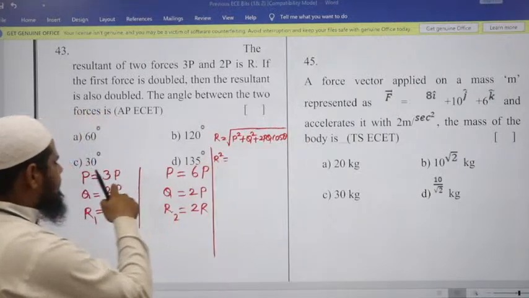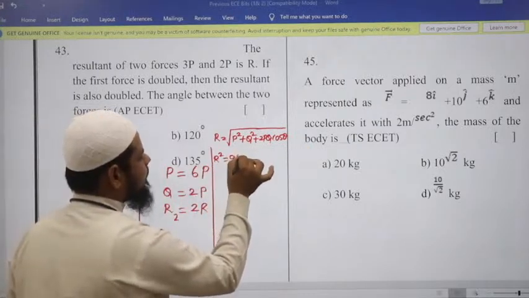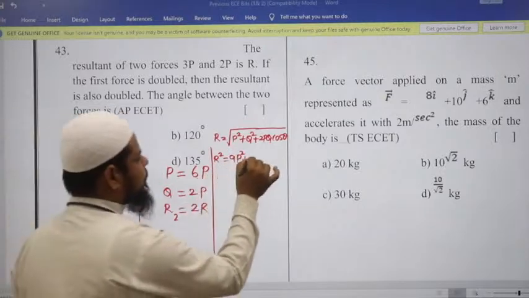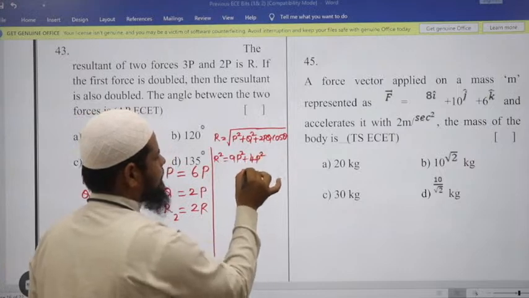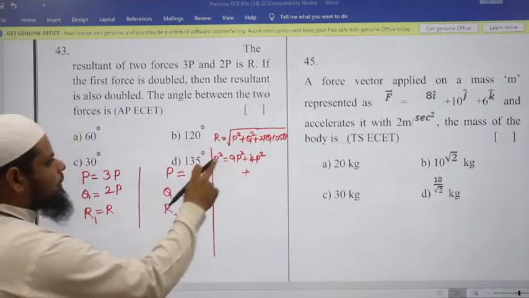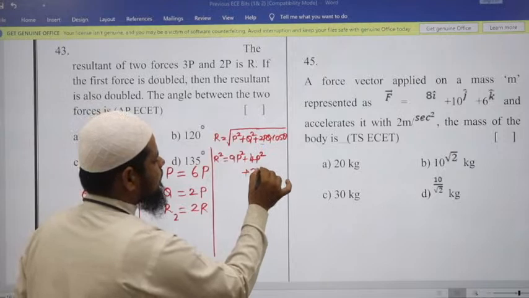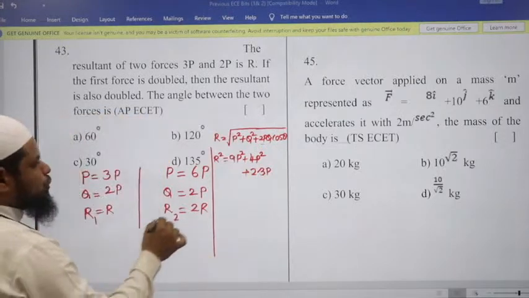So P is nothing but 3P, so I can go with 9P square, plus Q is 2P, 4P square, plus 2PQ cos theta, 2, 3P and 2P cos theta.